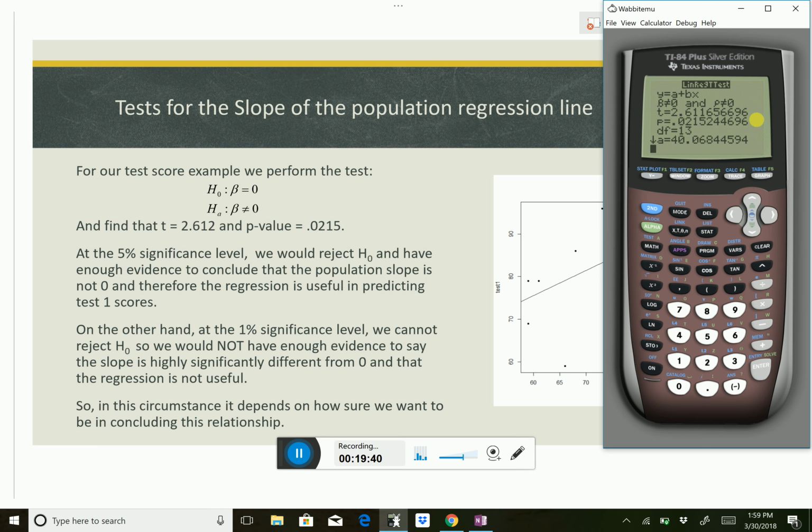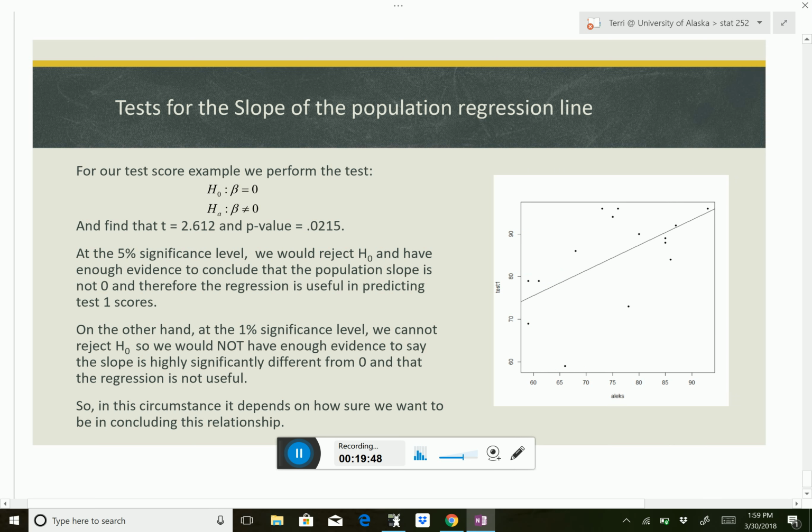Your test statistic, t, is 2.612, and our p-value is 0.0215. So at the 5% significance level, we would reject the h naught and have enough evidence to conclude that the population slope is not 0, and therefore the regression is useful in predicting test scores. If we reject, then we have a useful regression because the slope is significantly different from 0.